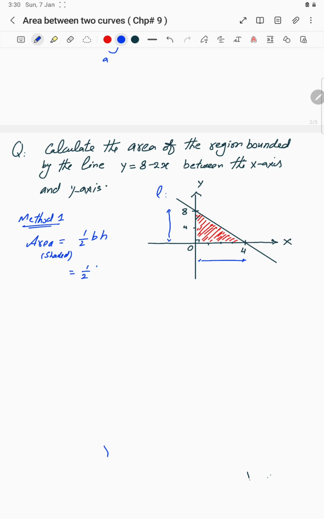So 1 by 2 times 4 times 8 is 16 square units. So that could be the answer with one method. But if we go with the basic concepts of definite integration we discussed before, then if you take this line along the x-axis or y-axis, both will give you the right answer. So method 2.